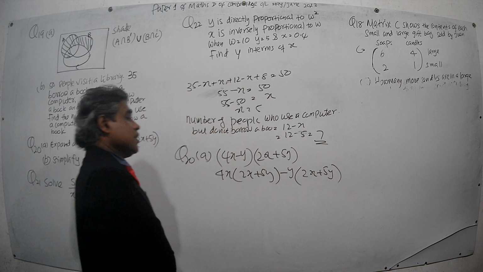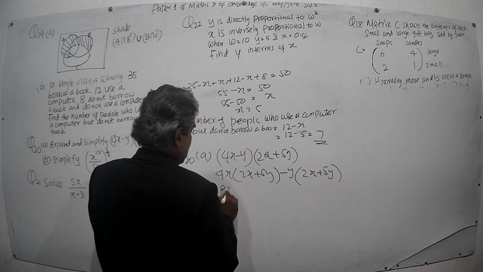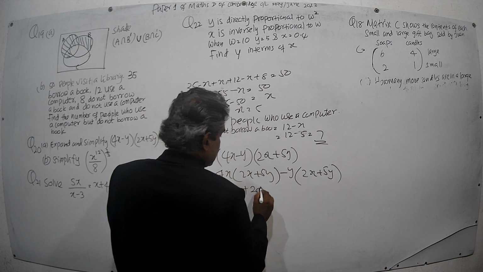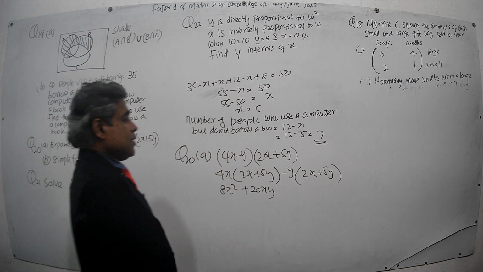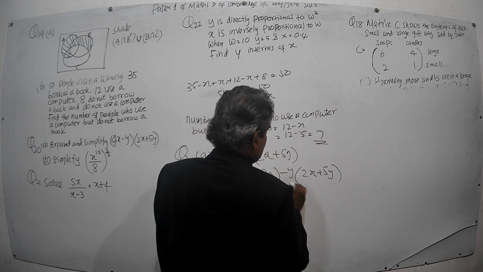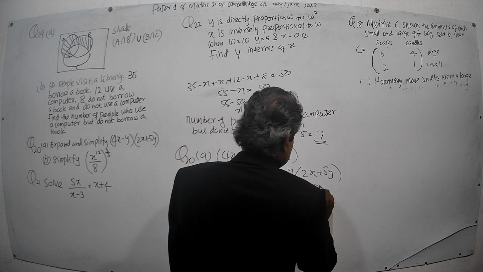Okay, then multiply and remove brackets. 4x times 2x, 8x squared, 4x times 5y, 20xy. Then minus y times 2x, minus 2xy, minus y times plus 5y, minus 5y squared.